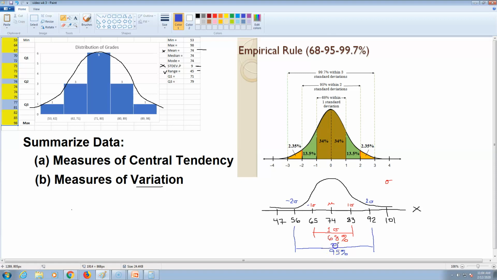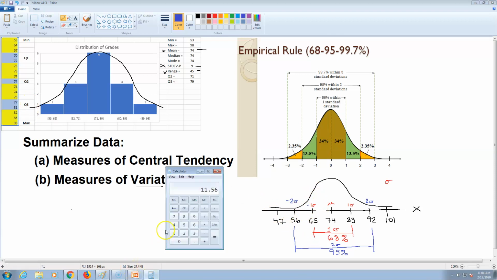So that's 2 standard deviations. Basically, if I take my calculator again, I have 17 scores. 17 times 0.95, I get 16.15. So around 16 students out of the 17 that took this test earned a score between 56 and 92. And again, that's just an estimate.